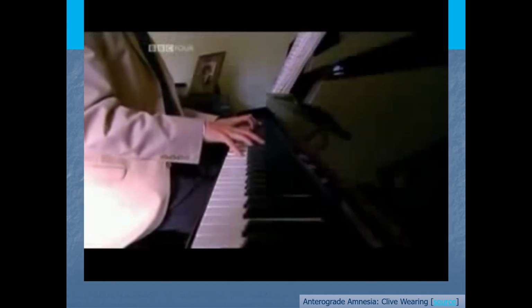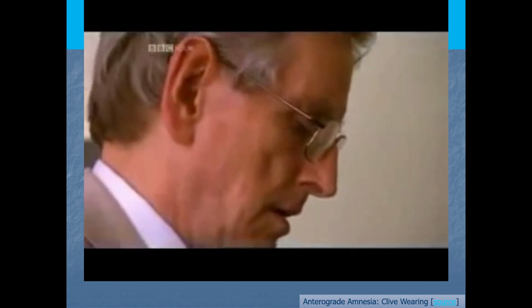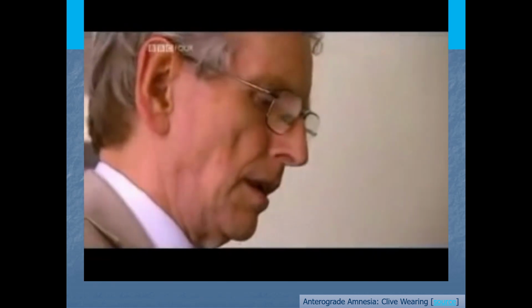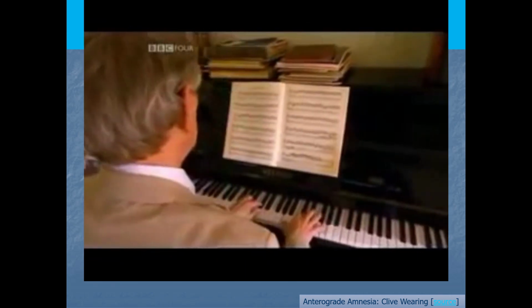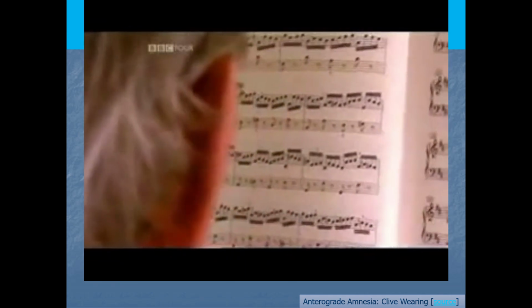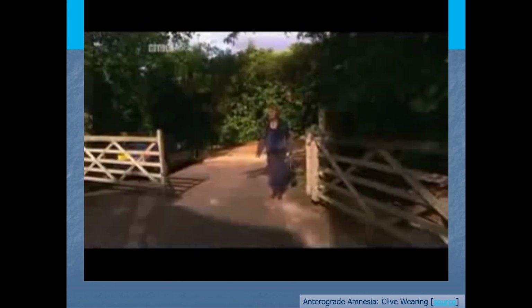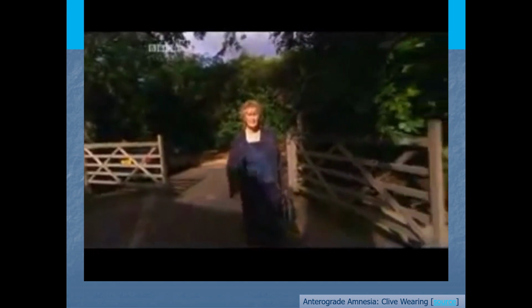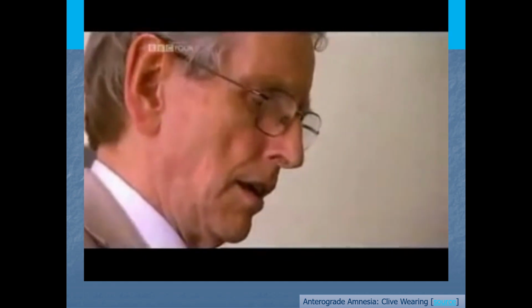One man is consigned to live entirely within the present, with terrible consequences. Clive Waring has the worst case of amnesia ever known. 20 years ago, he lost his memory, and now his wife, Deborah, is the only person he recognizes.